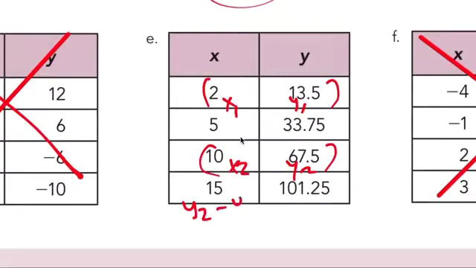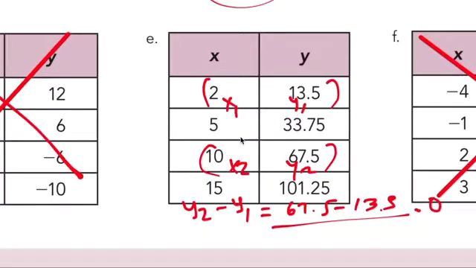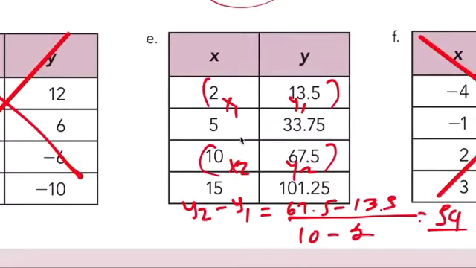Y sub 2 minus y sub 1, which is 67.5 minus 13.5, which is 54. Yep. 54 here over 10 minus 2, which is 8.